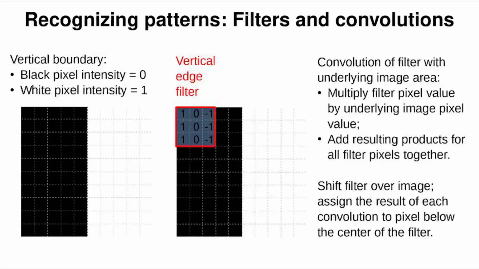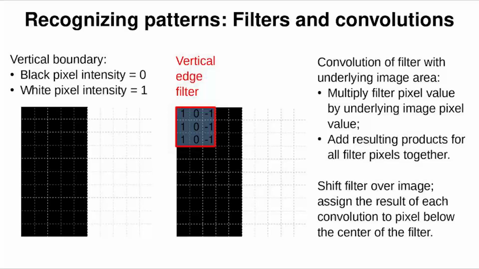First, we multiply the value for each of the filter's pixels by the intensity value of the underlying image pixel. Then we sum these products for all the pixels of the filter. The result is assigned to be the value of the pixel of a new image that is located under the central pixel of the filter.